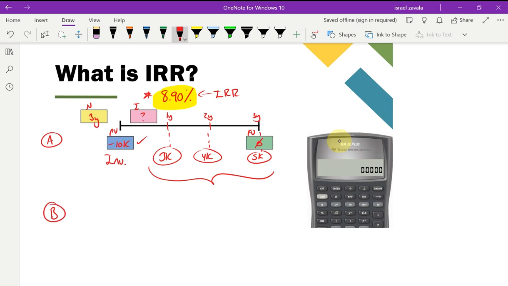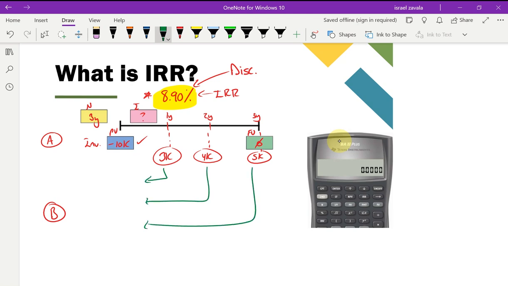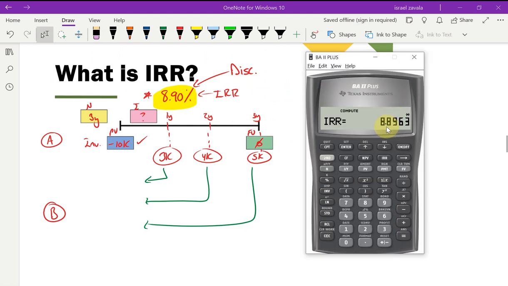The internal rate of return is the discount rate. Let's call this the discount rate for a second. The discount rate that makes it so that these cash flows discounted, let's use all of the 8.8963.